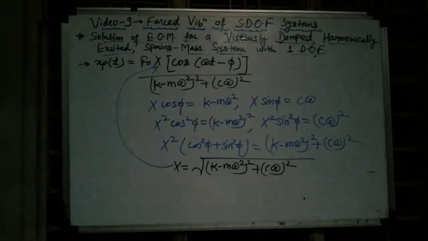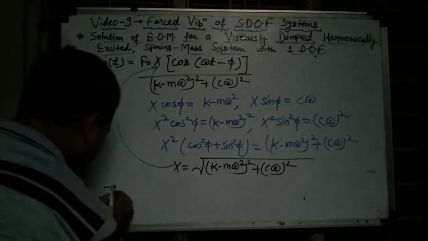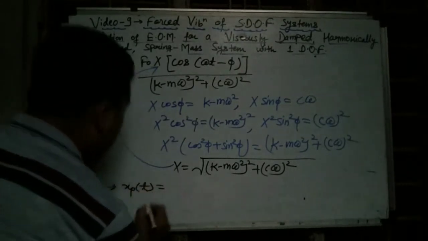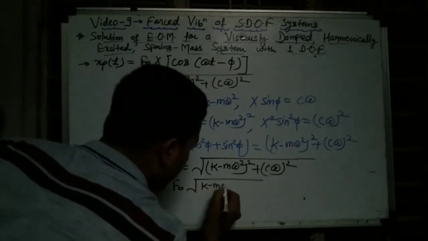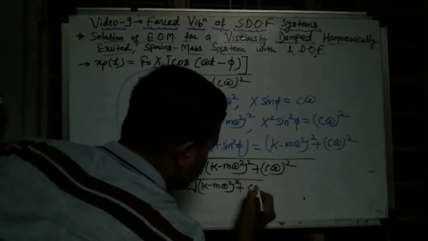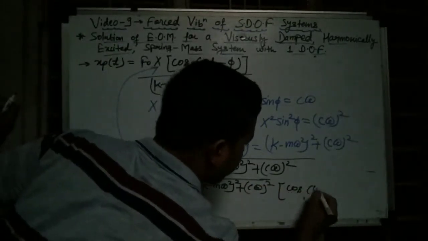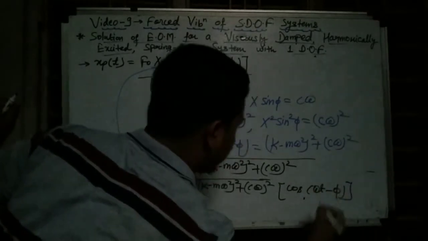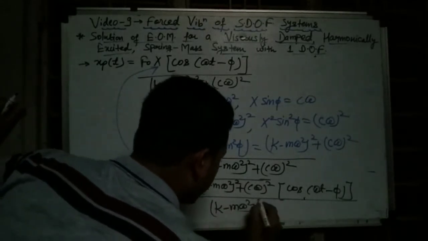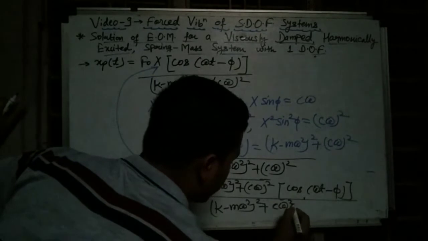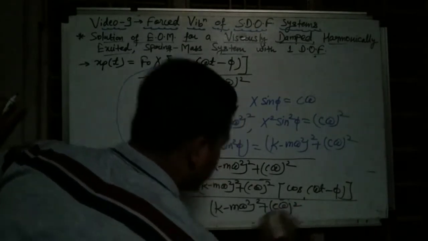Now I can write my xp(t) equal to f naught into the square root of k minus m omega square whole square plus c omega whole square, into cos of omega t minus phi, divided by k minus m omega square whole square plus c omega whole square.